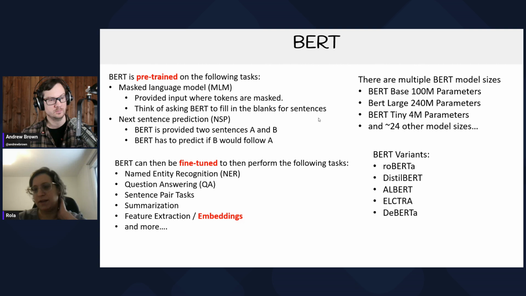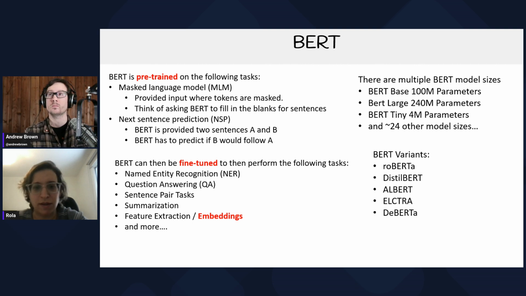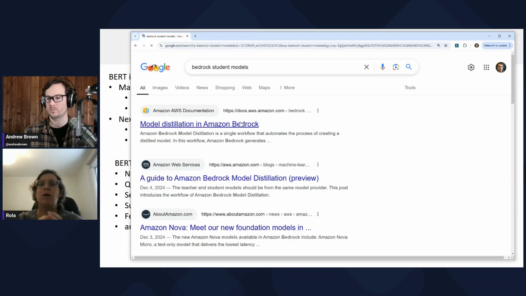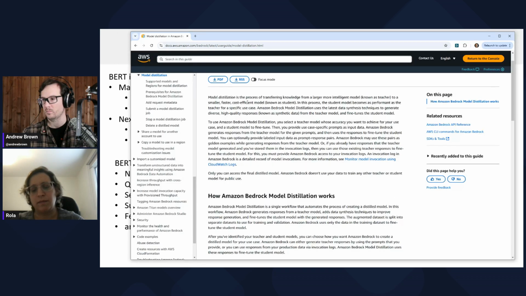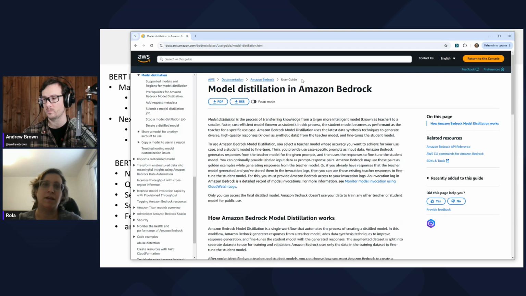AWS actually at re:Invent, in Bedrock, you can now create these smaller student models, and what that allows you to do is take a really big model and create a smaller model that is very optimized for your task. And we talked about this in the previous system we ran, but maybe we can mention some of this.